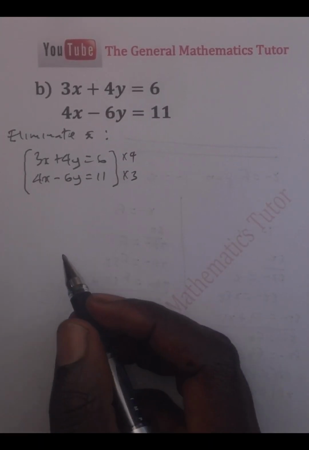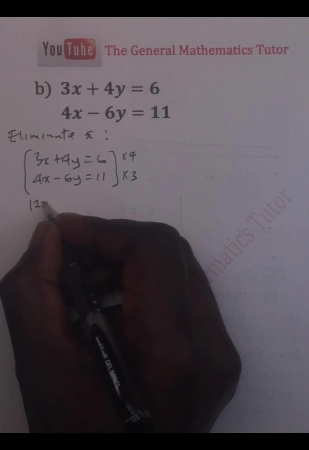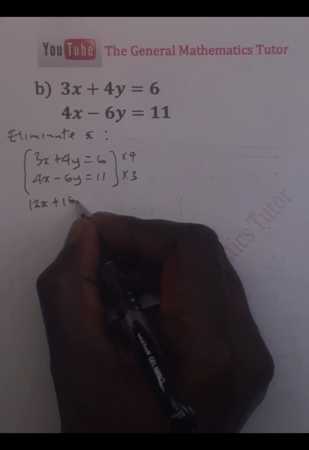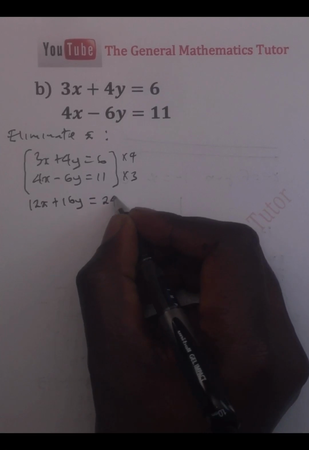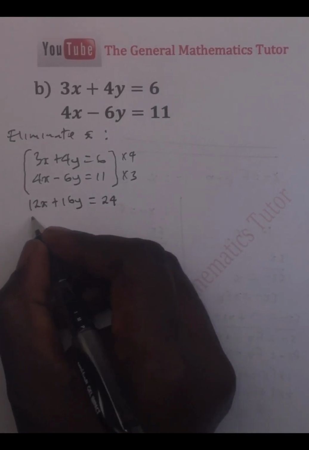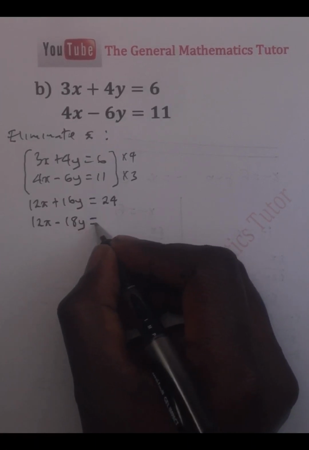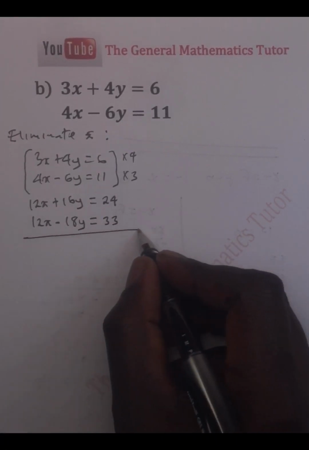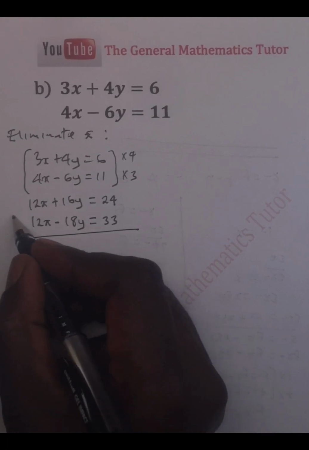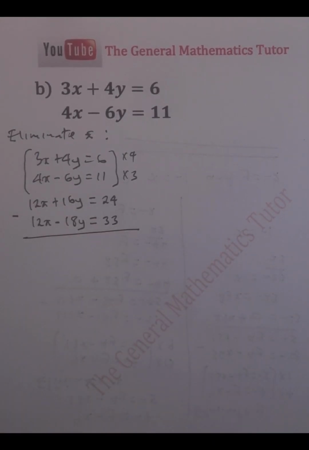So if we do that, we get this to be 12x plus 16y is equal to 24, and the second equation is 12x minus 18y is equal to 33. So we can eliminate x by subtracting the two equations.